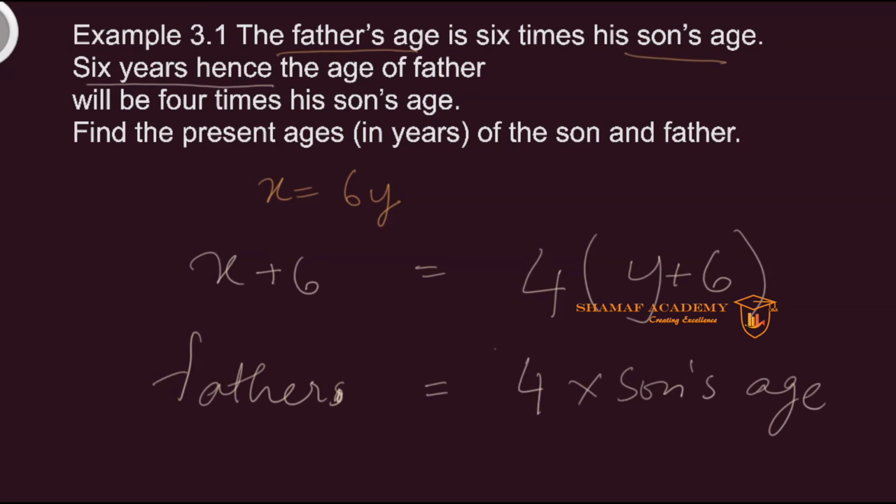So do not think that we are multiplying the son's age, and yes, it's common sense: the son's age cannot be more than the father's. You have to think father's age will become 4 times son's age, means father equals 4 times. So the father's number will become bigger. Suppose the son is 10 years old, so the father will be 40. So it makes sense. Okay, so let's get solving.